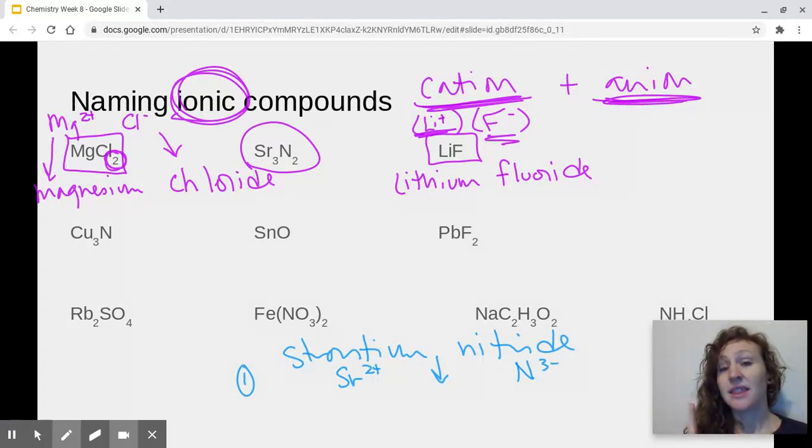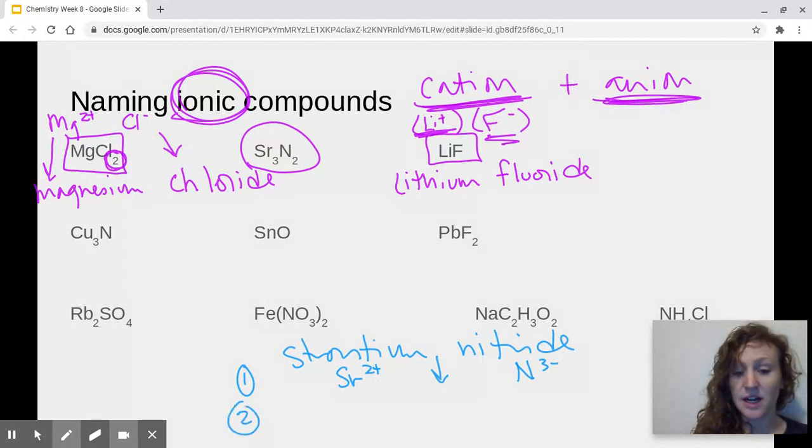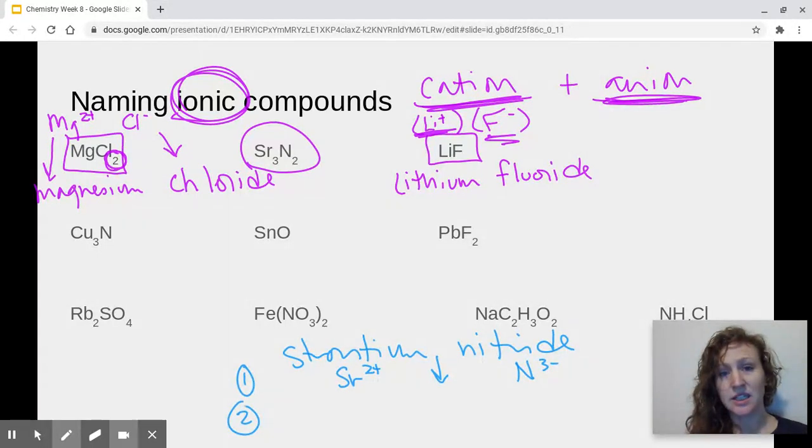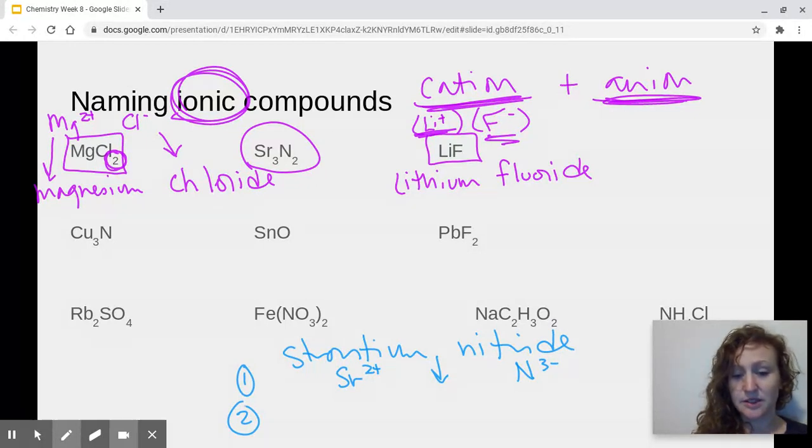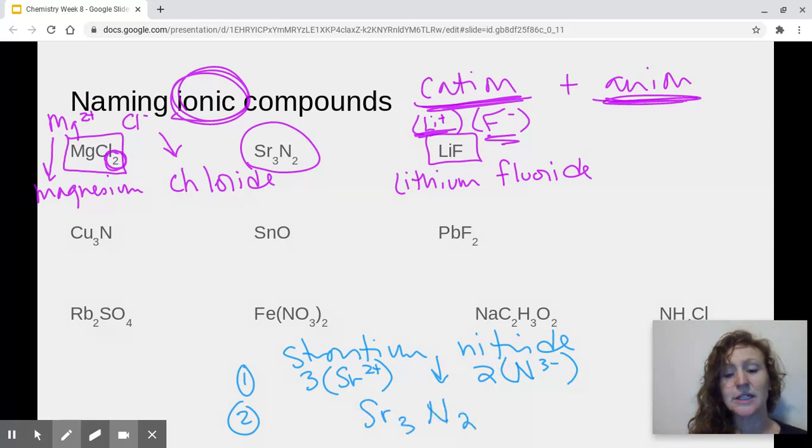And then second, you have to consider how many of each you need in order to balance the charges. In order to come out to 0, we need 3 strontiums and we need 2 nitrides. So I write Sr3N2.